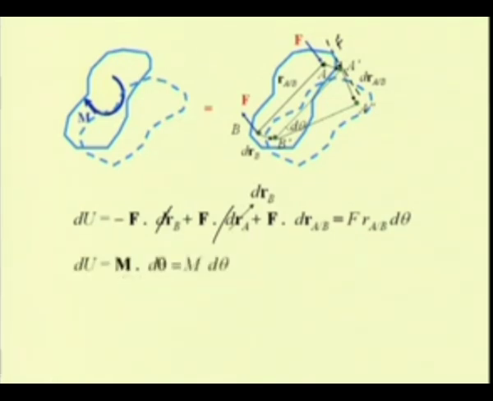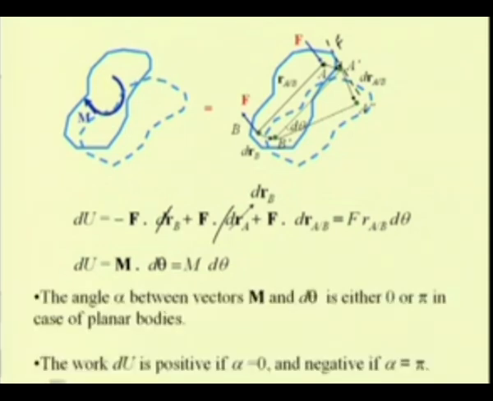Or in other words, we can say that this is equal to M dot d theta, and so this M d theta can be replaced by F r_A/B d theta. The angle alpha between the vectors M and d theta is 0 or pi in case of planar bodies.